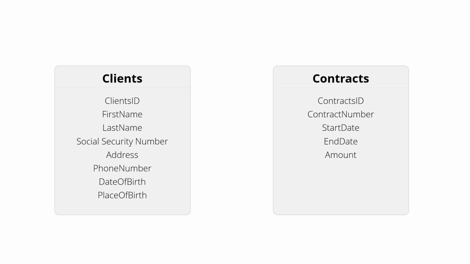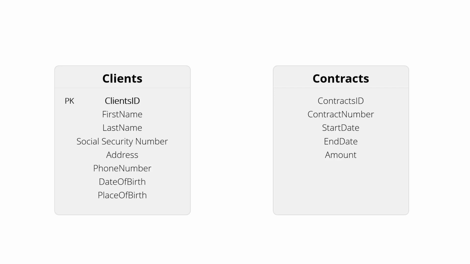So the actual information that we collect and place in the database. However, here we have two more attributes that we haven't talked about: the client's ID and the contract's ID. These are generated automatically by the database management system in order to give each entity a unique character.